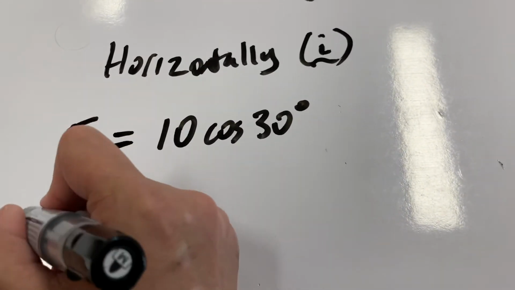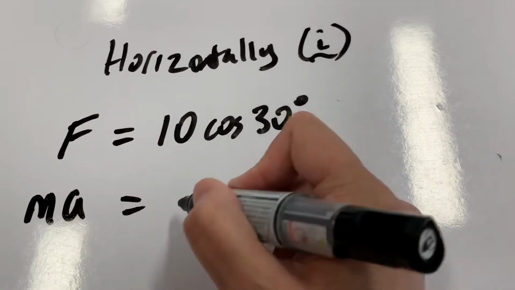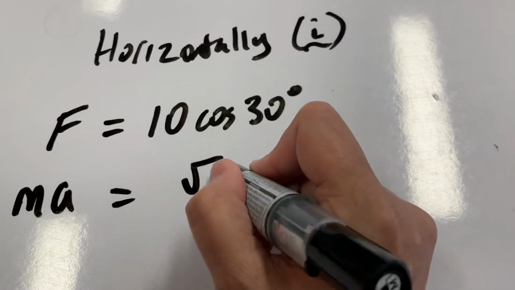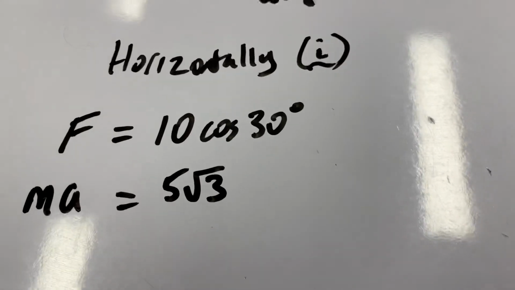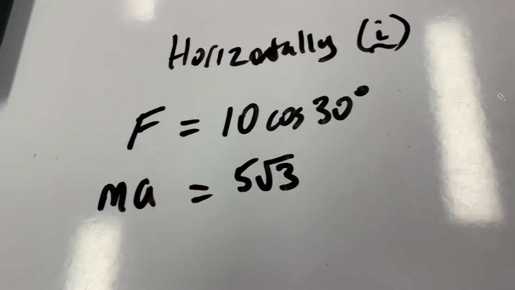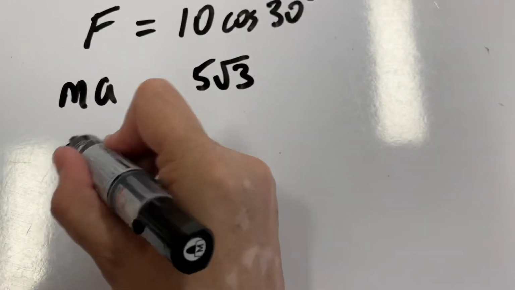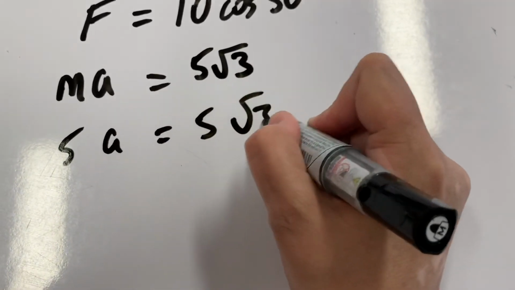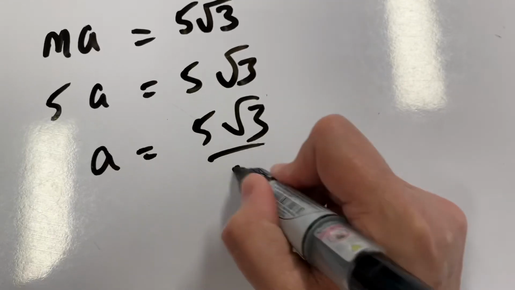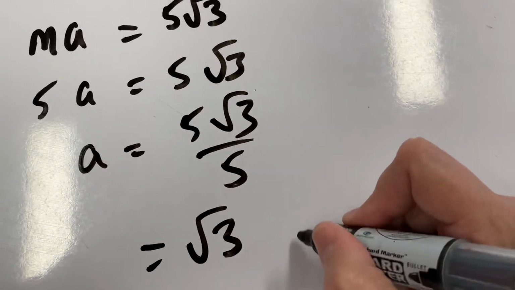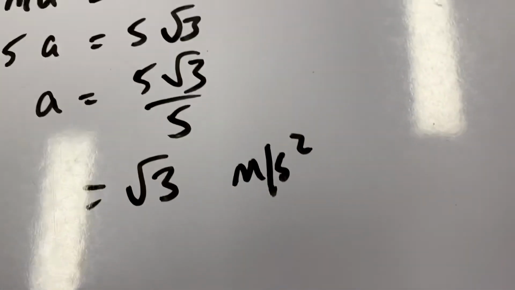So mass times acceleration, 10 cos 30 will be 5 root 3, because cos is root 3 on 2. So my mass is 5. So my acceleration will be 5 root 3 on 5, which is just root 3 meters per second squared.